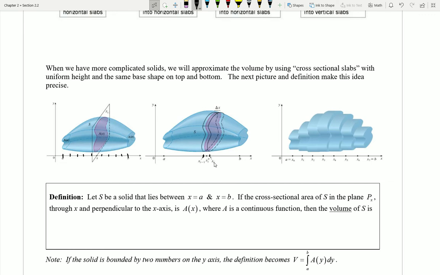If this is, I don't know, x number 8, then this is x number 7, the x that comes right before it. I'll choose a special x in there, which is where I'm going to imagine making this cut into the figure. And that's where I get this pink outline that's happening here. Now I'm going to imagine stretching that pink area and giving it some thickness. We'll assume that that thickness, again up here, is delta x.